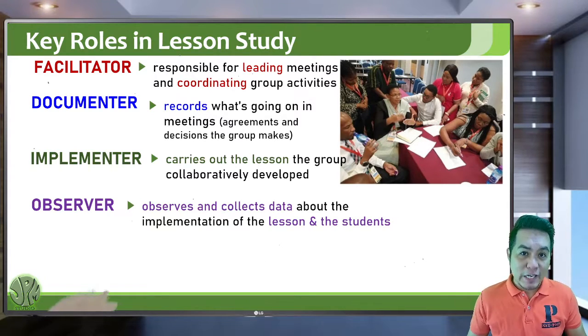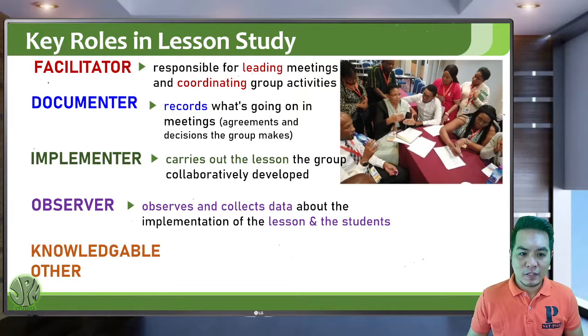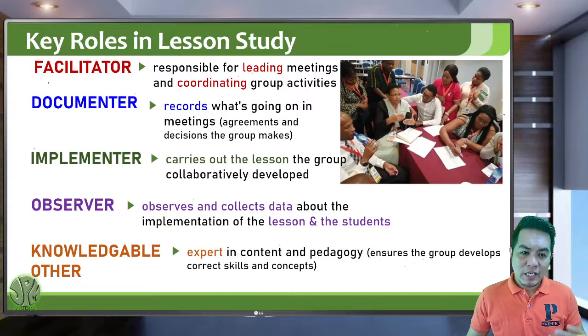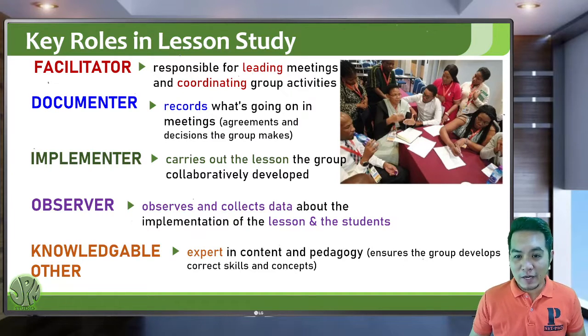And lastly, the knowledgeable other. He is an expert in content and pedagogy, and he or she is the one who ensures that the group develops correct skills and correct concepts to avoid misconceptions.